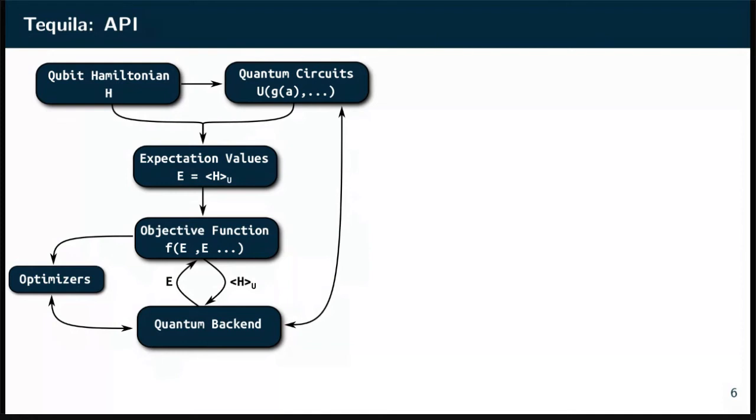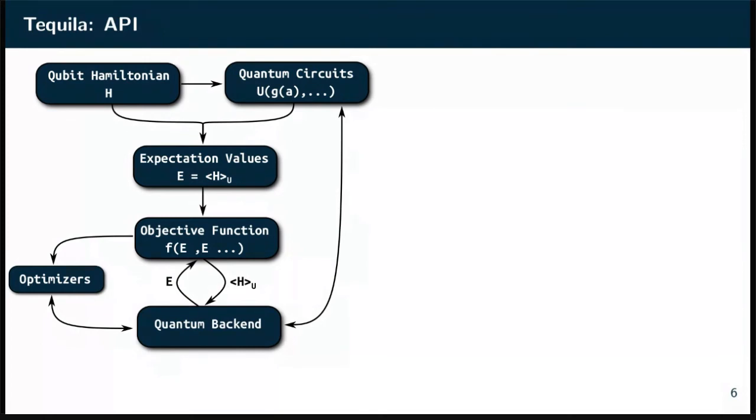Those objectives can then be combined with the quantum backends, where all the expectation values can be evaluated and then fed into the transformation functions to give you back the results. The same goes if you want to hook up an optimizer into that process, which means those circuits and objectives can of course be parameterized, and then you are able to optimize those parameters.